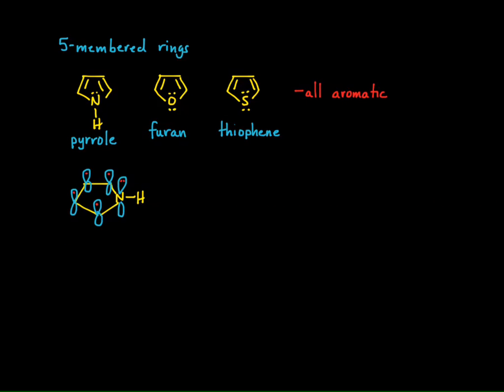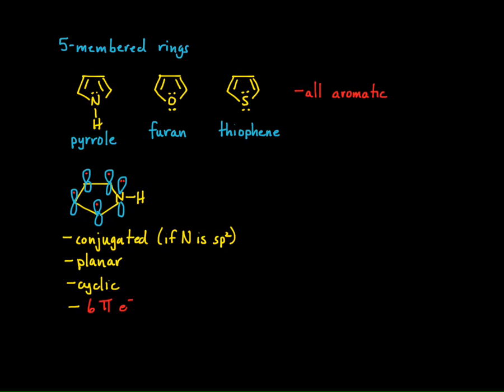You see that it's fully conjugated, assuming the nitrogen is sp2 hybridized, which it has to be because it's trigonal planar. It's cyclic, and now it has 6 pi electrons, the 4 from the carbons, the 2 from the nitrogen. Therefore, it has the same number of pi electrons as benzene and pyridine, and therefore it is aromatic.